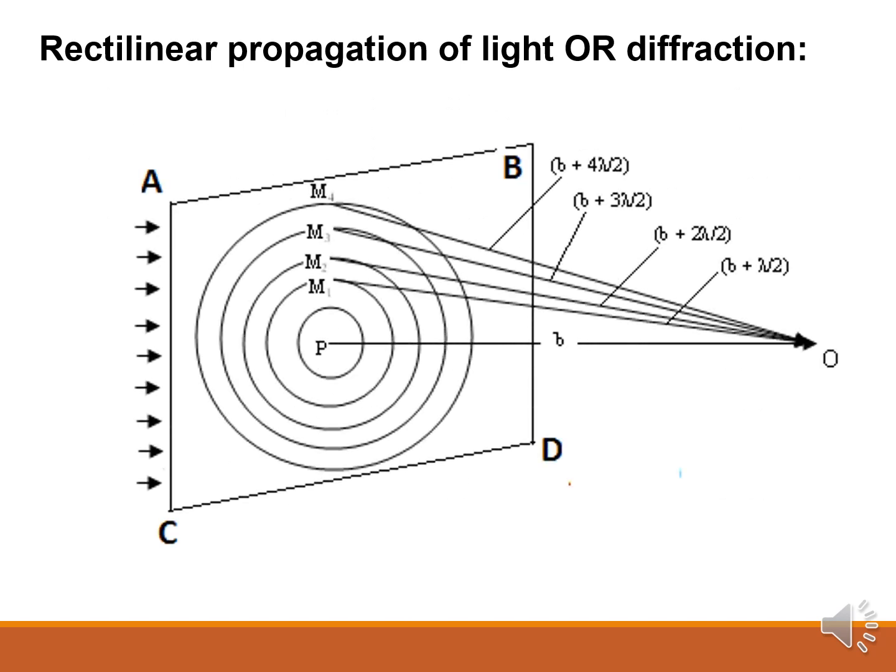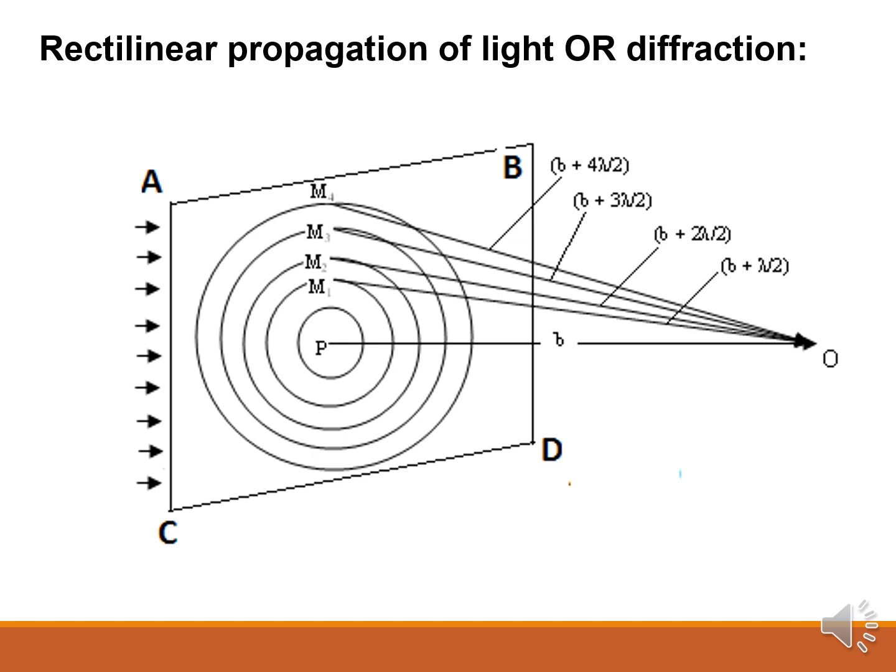Now let us see whether it is diffraction or rectilinear propagation of light by which we are going to see an effective image at O. Let us consider a plane wave ABCD propagating along the x-axis towards a point O, as shown in the figure.